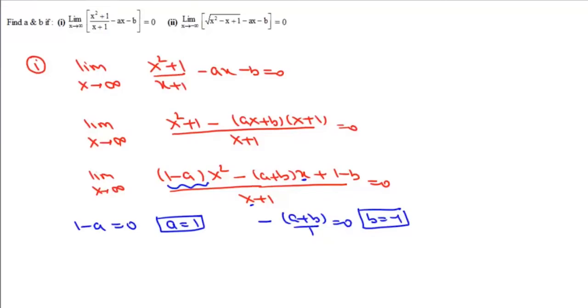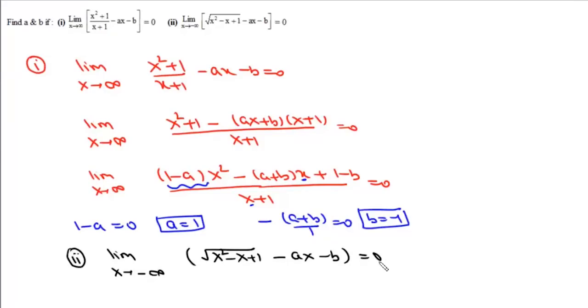This second limit is limit x tends to minus infinite of under root of x square minus x plus 1 minus ax minus b, and it must be equal to 0. Now first we'll check its form.